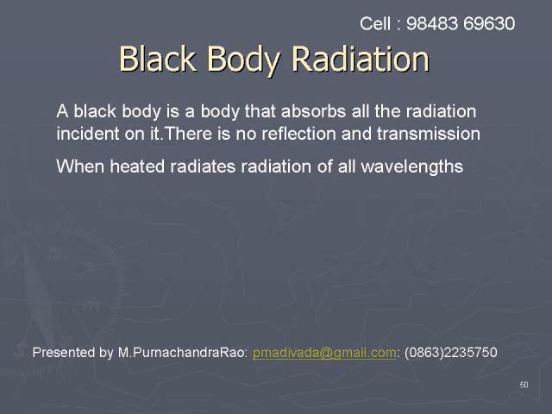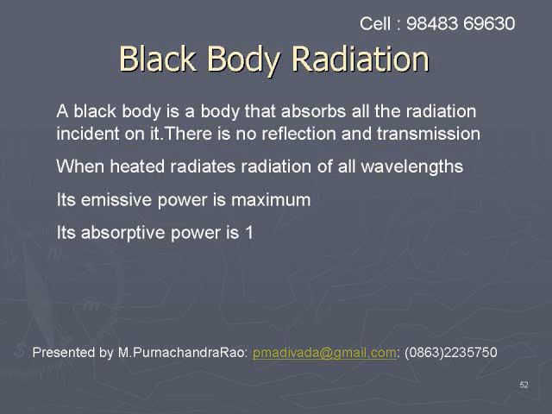When heated, the body radiates over all wavelength ranges. The radiation consists of several wavelengths. The emissive power of this black body is maximum and its absorptive power is 1.